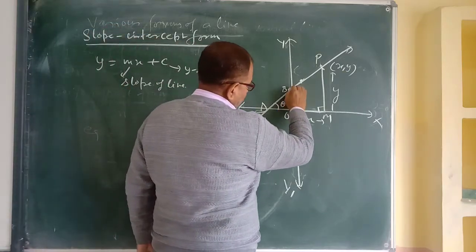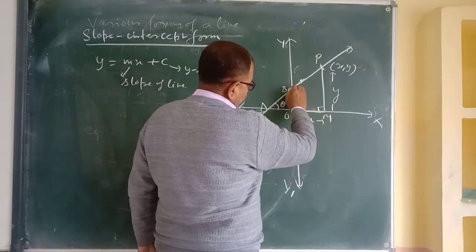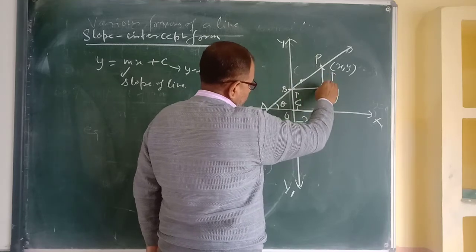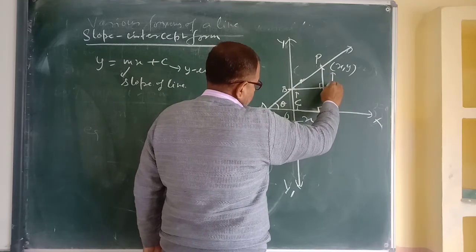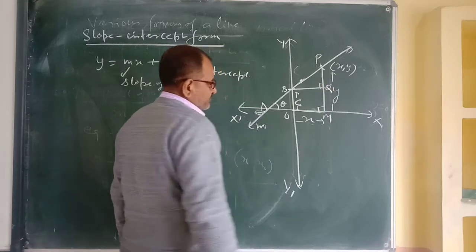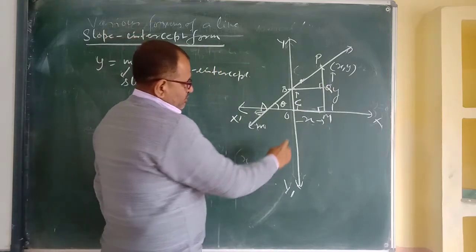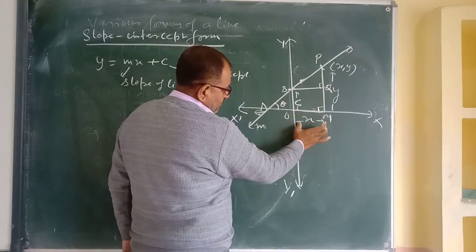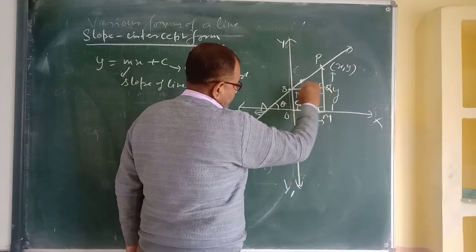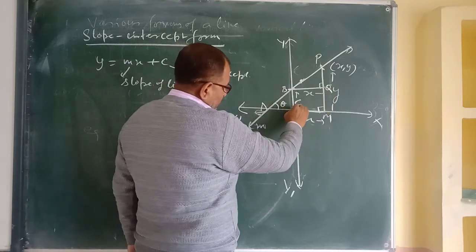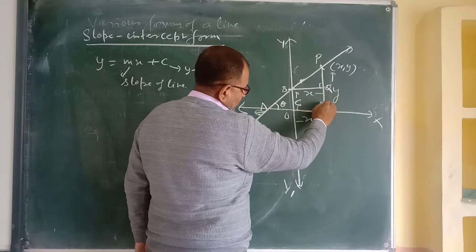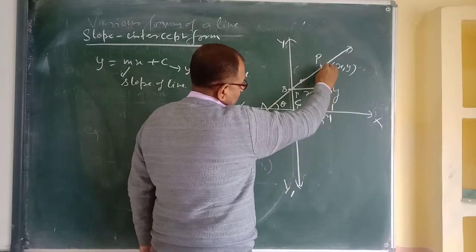From B, draw a line parallel to the x-axis, or we can say draw the perpendicular on PM, so angle PBQ is 90 degrees. So what will be BQ? BQ will be equal to OM, so it is x. OB is C, so QM will also be C units. So what will be PQ?